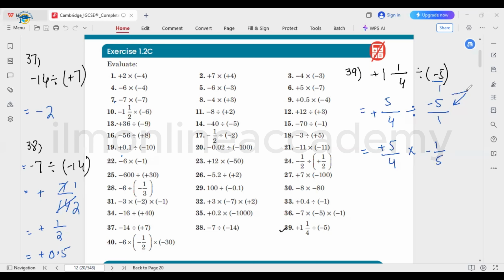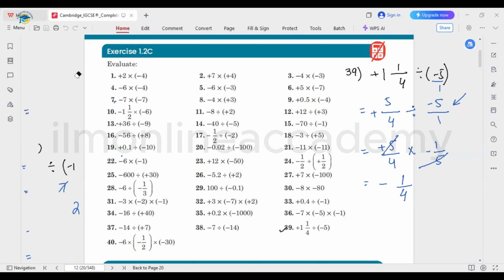Remember that inverting the fraction does not affect the sign. So the sign will be exactly the same. This 5 is going to be cancelled out with this 5, and positive negative would be negative 1 over 4. That is the number remaining. So this is your part number 39.